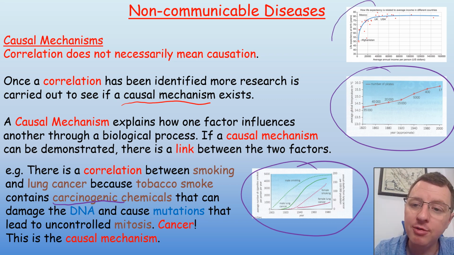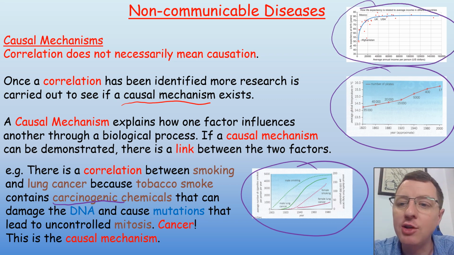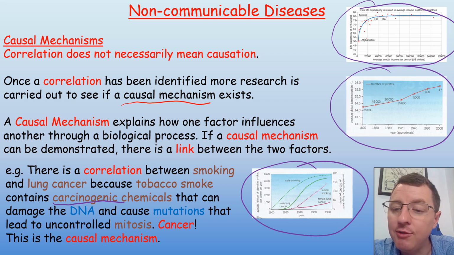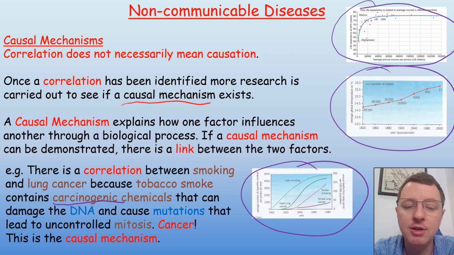With our top graph, the average annual income and the life expectancy, again there is a positive correlation, and it is likely that there are several causal mechanisms within that causing the average lifespan to increase in countries where there is a higher income.